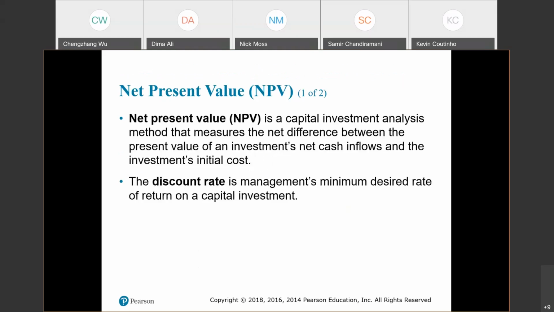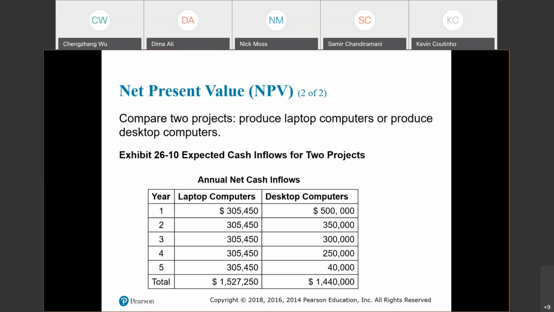Net present value is a capital investment analysis method that measures the net difference between the present value of an investment's net cash inflows and the investment's initial cost. Now, let's consider an example, and I'll use this example to illustrate NPV.